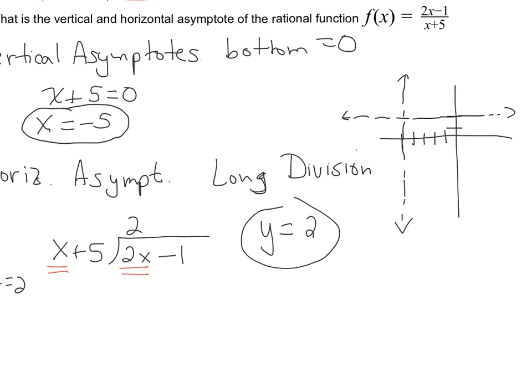So my guess is the graph would look something like this, where it's broken apart at the vertical asymptote, yet kind of approaches that horizontal asymptote. But again, if you have a graph, check it on Desmos.